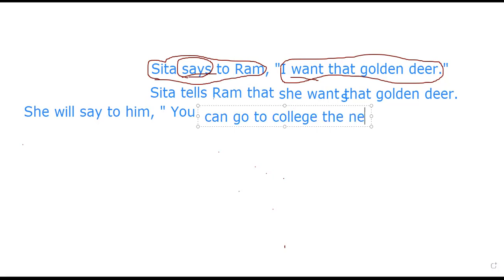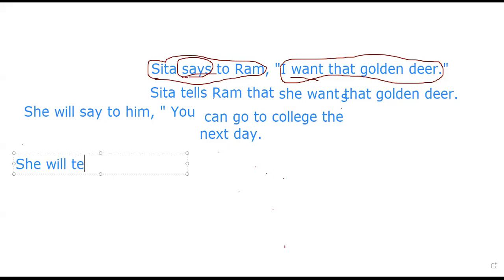Okay. Because will say is future tense, the tense will not change. So how will it change into indirect speech? She will tell him that, you is second person and will change according to object.